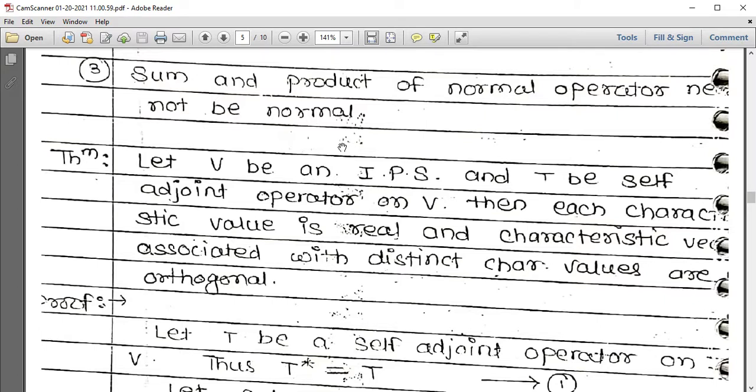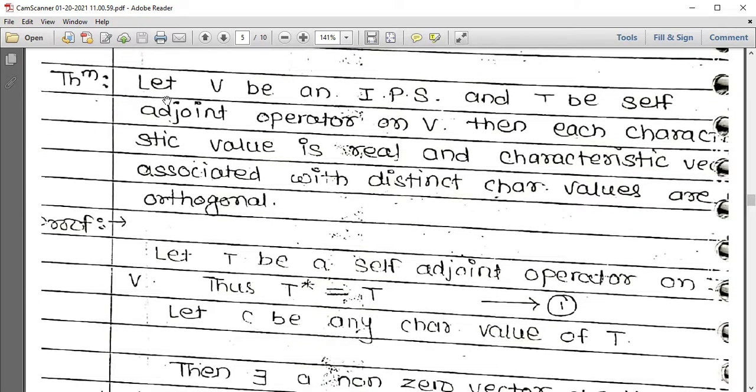Now the next point is theorem. Let V be an inner product space and T be a self-adjoint operator on V, then each characteristic value is real, and characteristic vectors associated with distinct characteristic values are orthogonal.